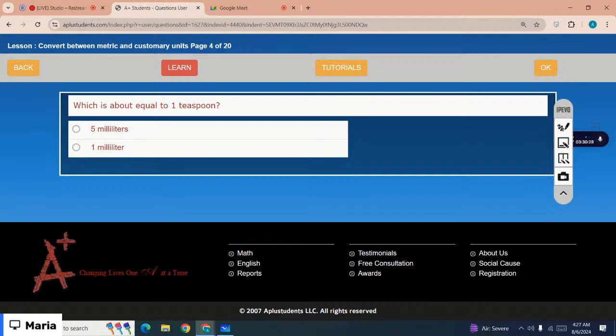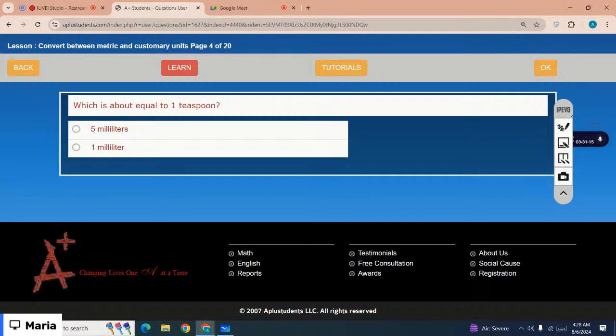Which is about equal to 1 teaspoon, which is the correct option? 1 teaspoon equals 5 milliliters.